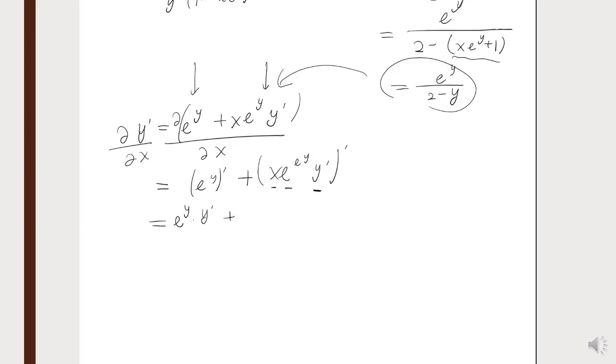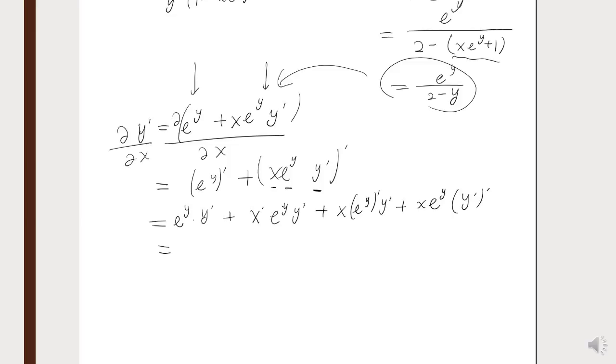So remember, this is about 3 terms multiplication, and we simply have to do the derivative on each term inside. So x prime times e to the y and y prime, plus x times the derivative of e to the y, which gives y prime, and then x times e to the power of y and times the derivative of y prime.